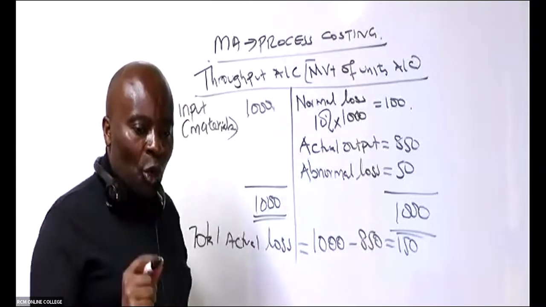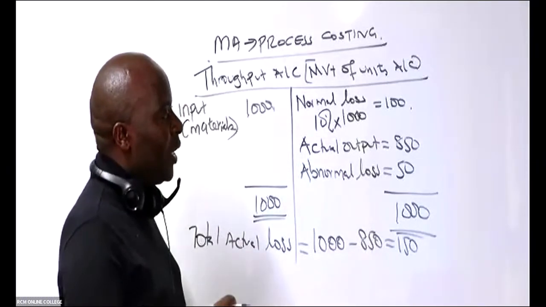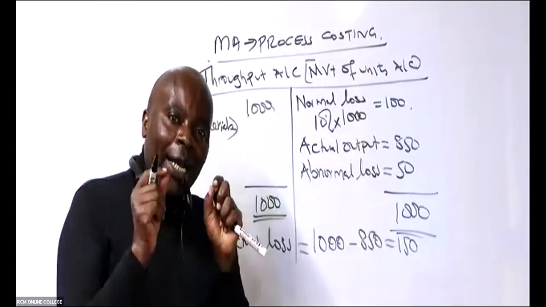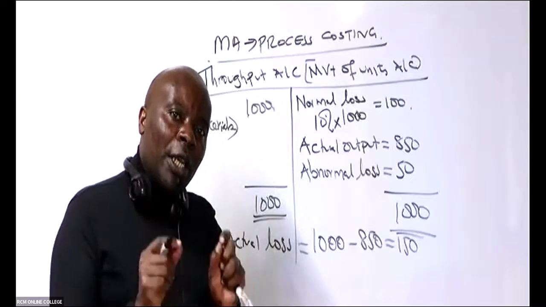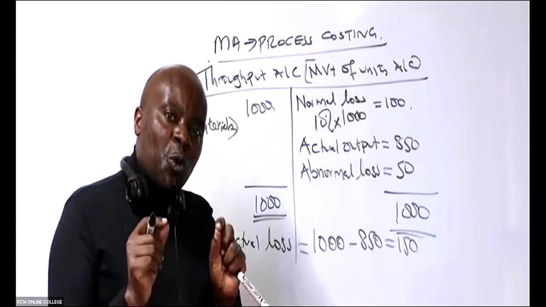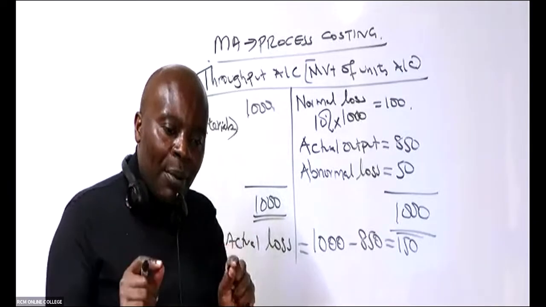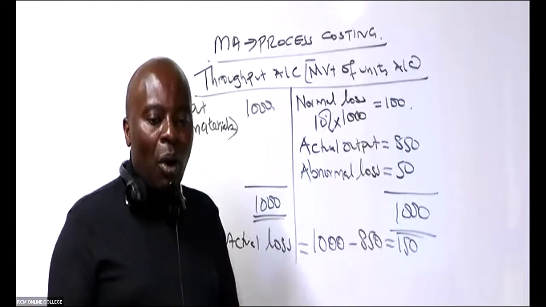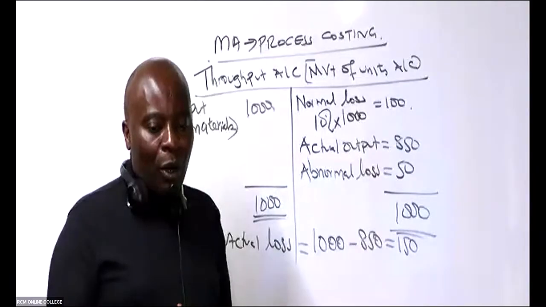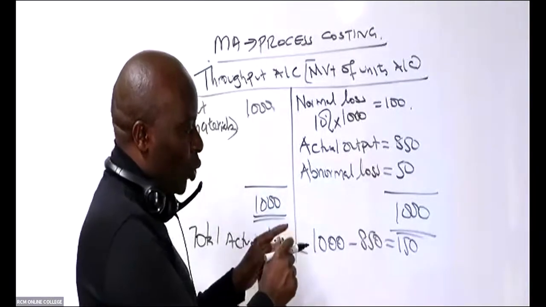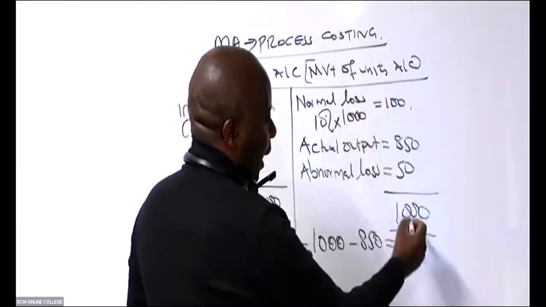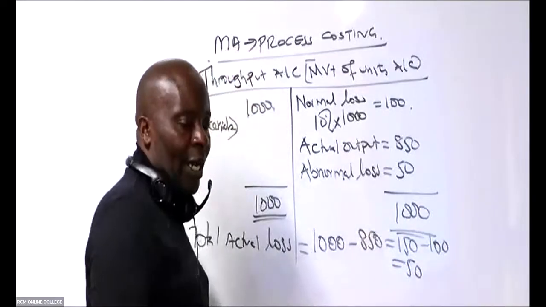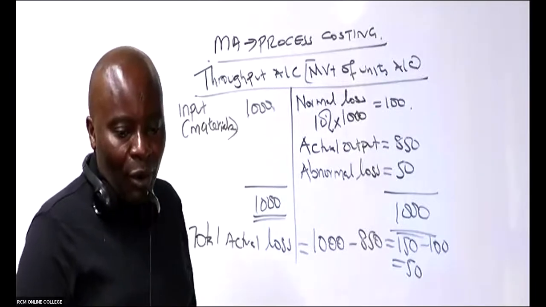And this total loss of 150 is more than the normal loss. Whenever the actual loss is more than the normal loss, you're going to get what we call an abnormal loss. The actual loss is 150 and the normal loss is 100, so if you subtract 100, we get an abnormal loss.